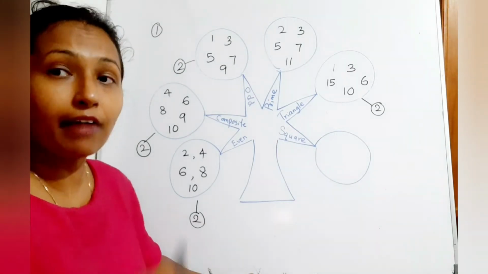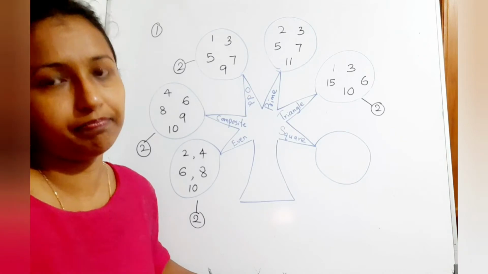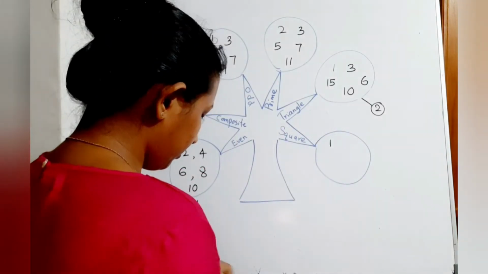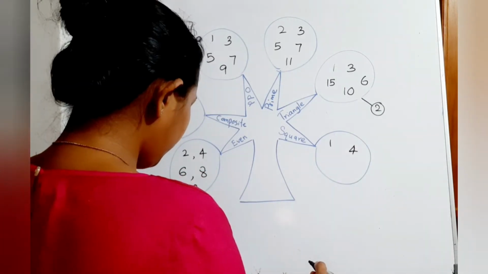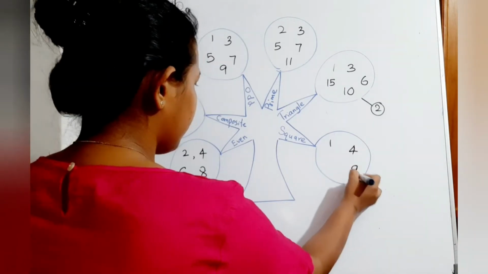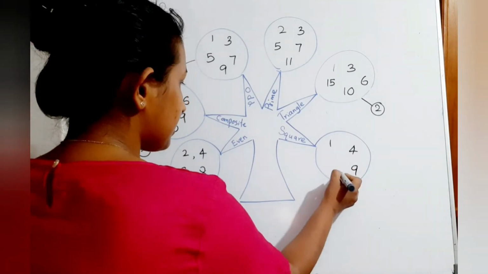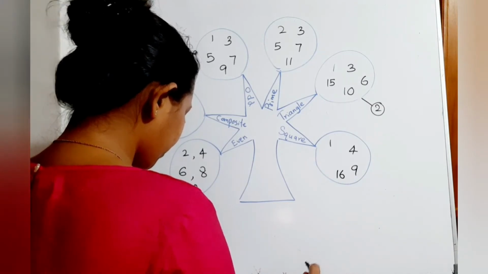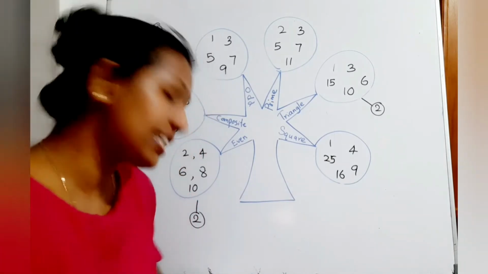We get square numbers by multiplying the number by the same number. 1 into 1, 1. 2 into 2, 4. 3 into 3, 9. 4 into 4, 16. 5 into 5, 25. Then 6 into 6, 36.